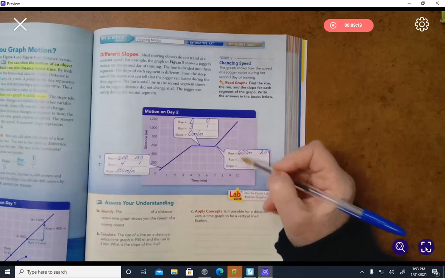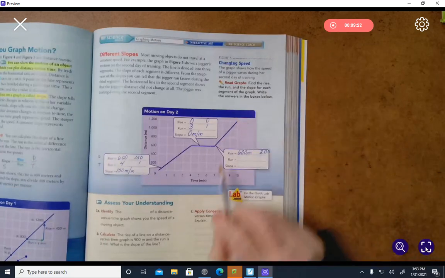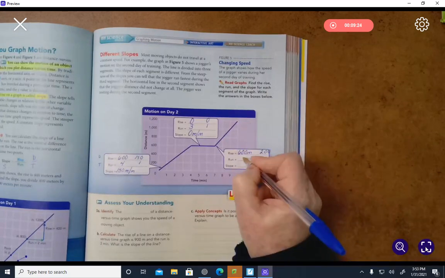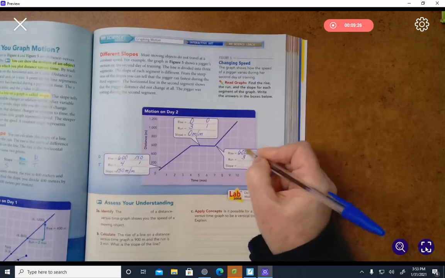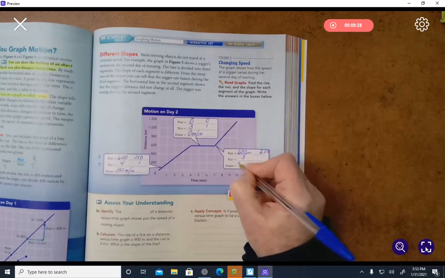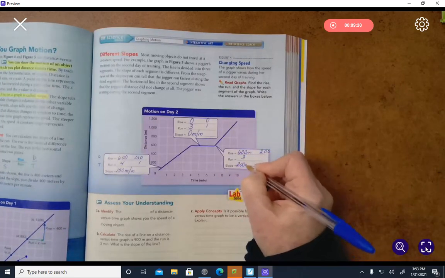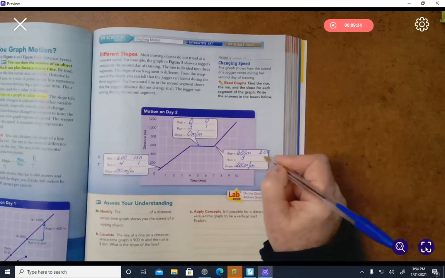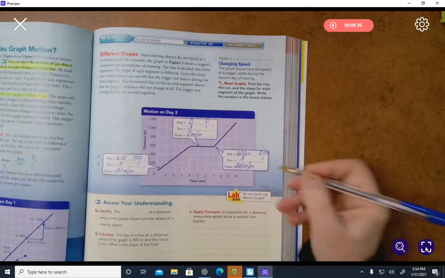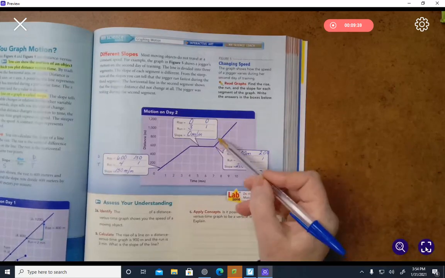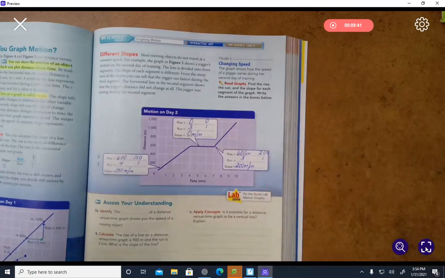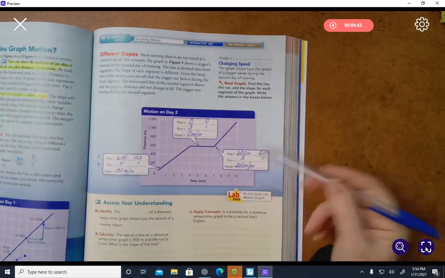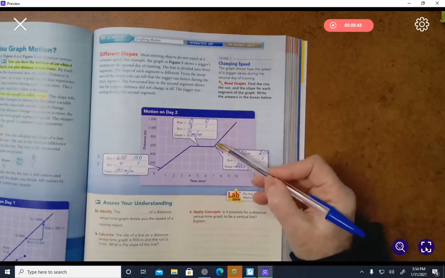So the run for me, since I did all of it, would be from 7 to 10, which would then be 3. So 600 divided by 3 would be 200 meters per minute. And they did each little box. I did the segment of the line, I guess, but the slope or the speed would be the same because that's the steepness, like I said, of the line.